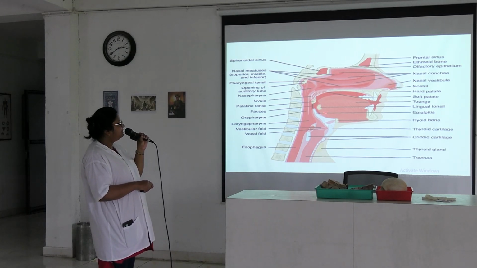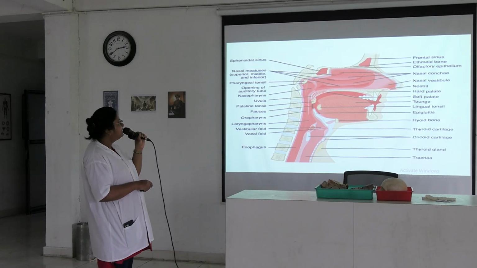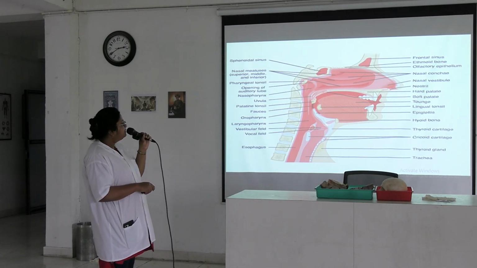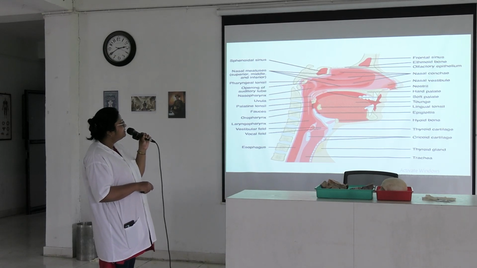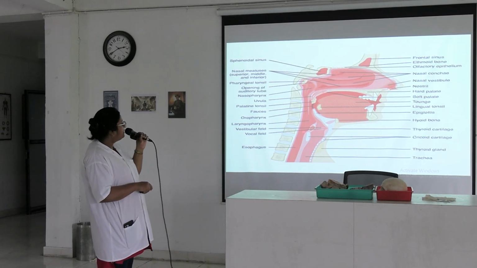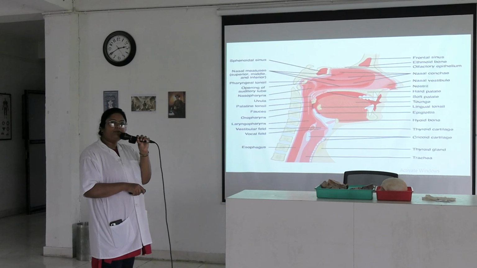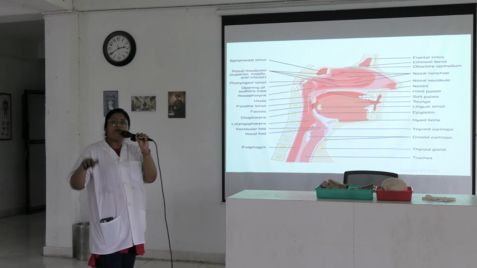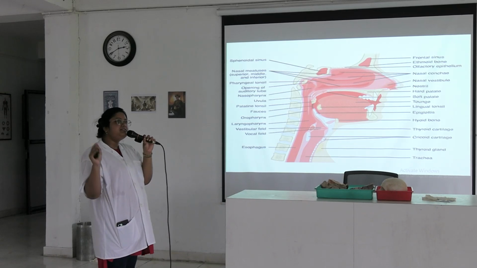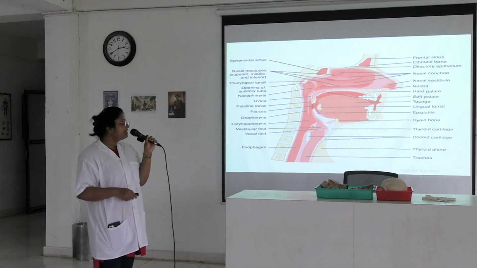The upper part is known as the vestibule of the larynx, and there are two folds inside the larynx. The upper one is the vestibular fold, and the lower one is the vocal fold. In between the two folds a mucous pouch is there, known as the saccule of the larynx.